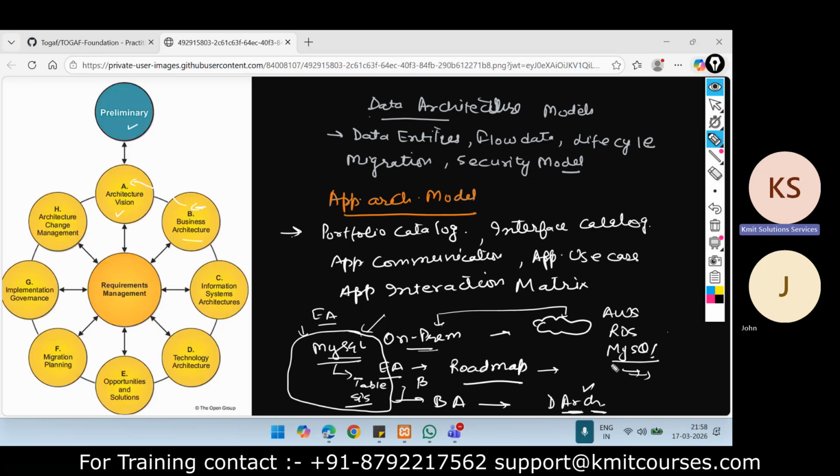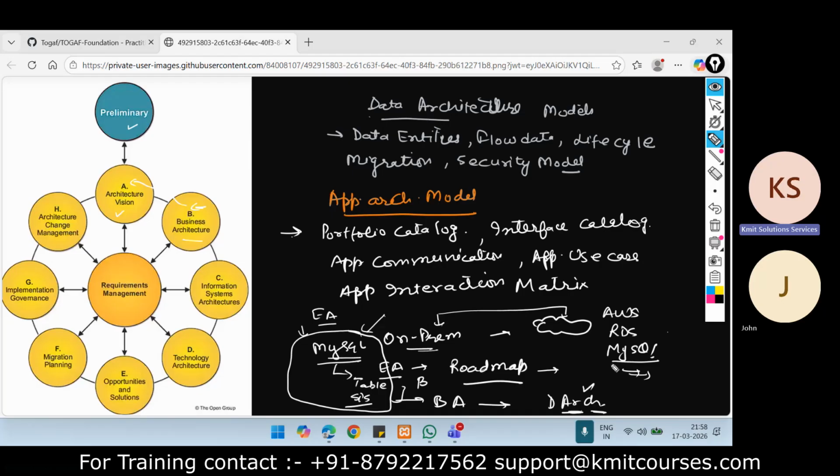The enterprise architect has created a roadmap in which a baseline data architect provides the database-related information. The enterprise architect does not know much about how the database tables look, but he has designed that whatever is in the existing tables should be converted as is into the target architecture, meaning AWS.